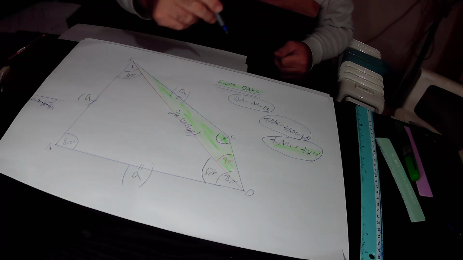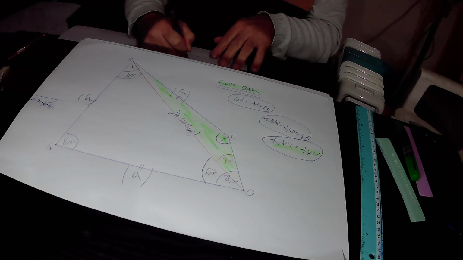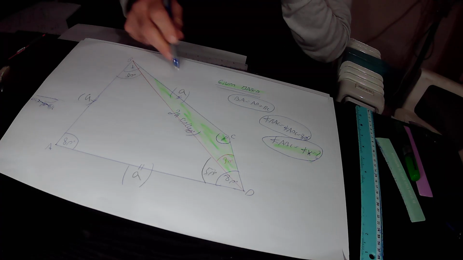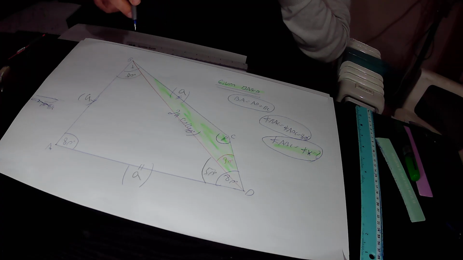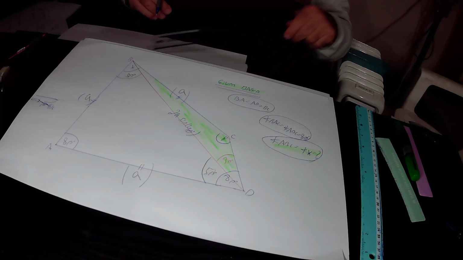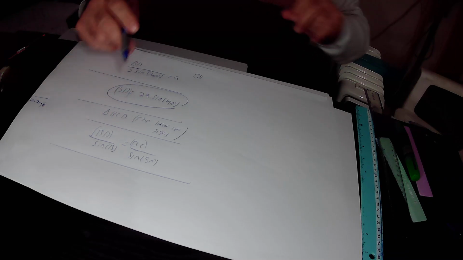According to the law of sines, BD over sine beta equals BC over sine 30 degrees.